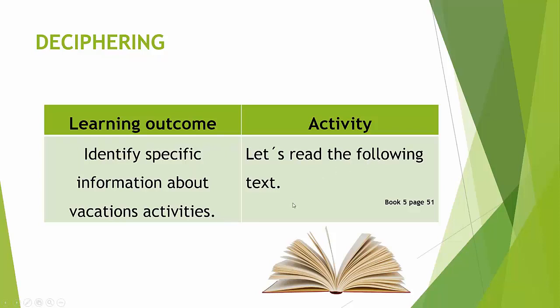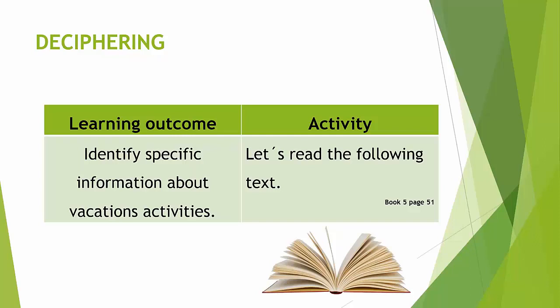Let's read the following text. Okay, here I have a text that I'm going to share with you. In what does it consist? I'm going to read the text, and probably you are going to help me.